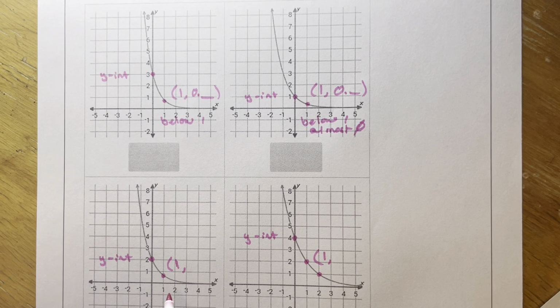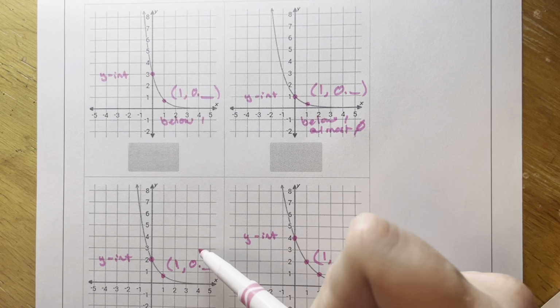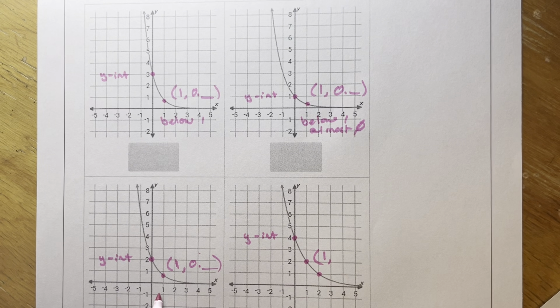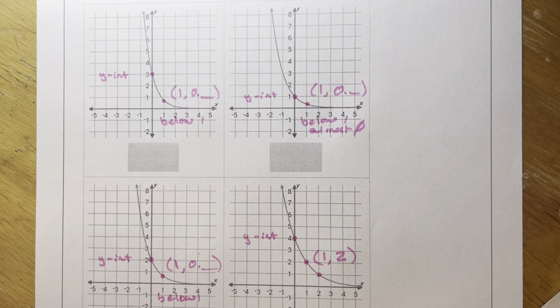In our third graph, we see that x at 1 is again below 1, but it looks very similar to the one right above it. Not identical, but very similar. So it's just below 1. And our fourth graph is nicely on 2. So I don't even have to question really what's happening here. So that's very nice to work with.